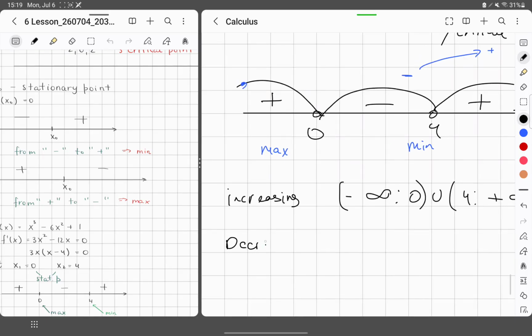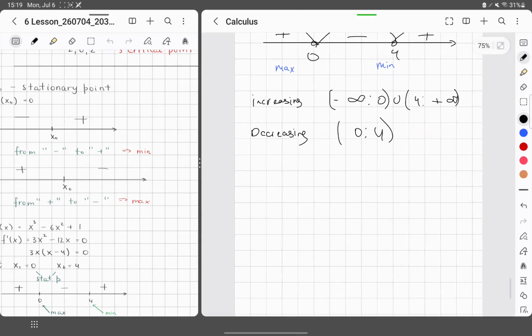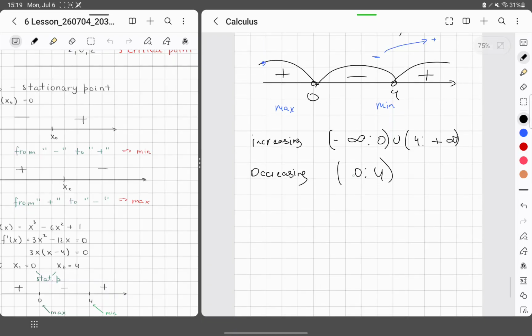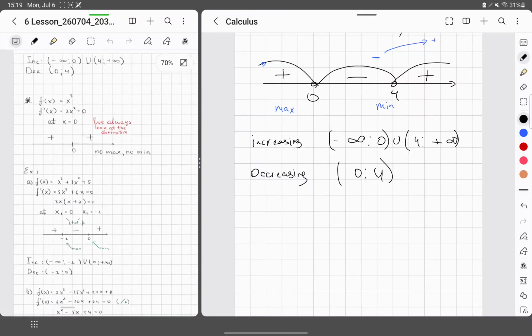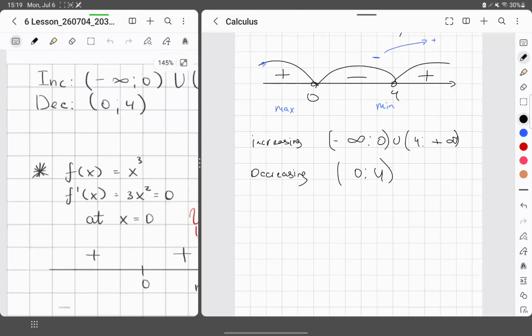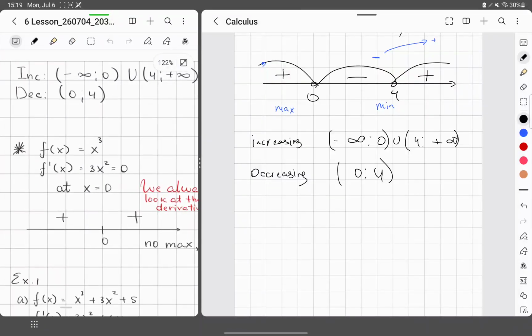What about decreasing? Sorry, from 0 to 4. Okay, something like this. That's true, yeah.